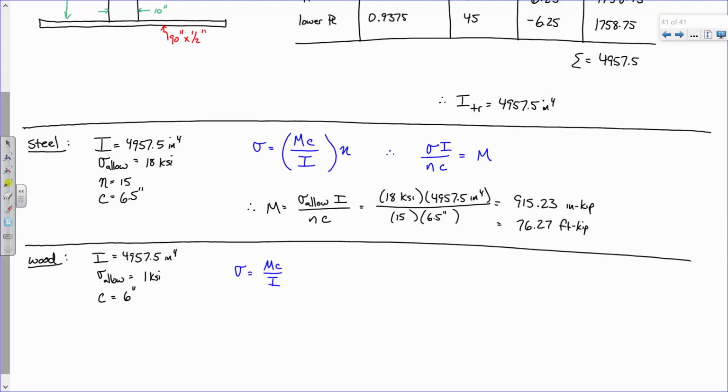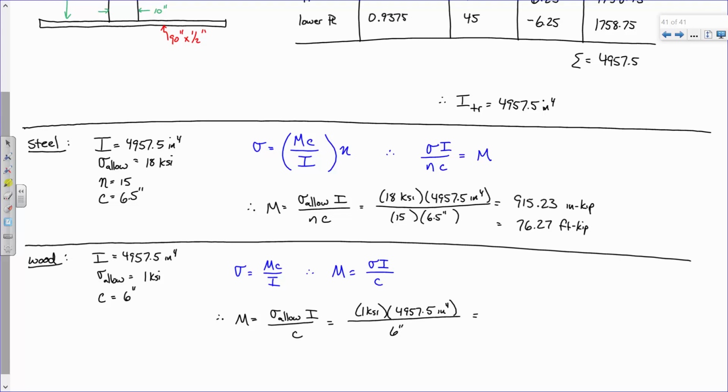All right, so therefore, our moment is sigma allowable times I over c, which is 1 KSI times 4957.5 inches to the fourth divided by 6 inches, not 6.5.